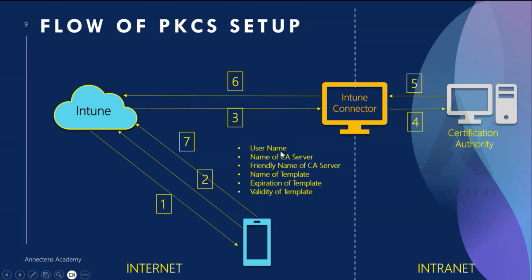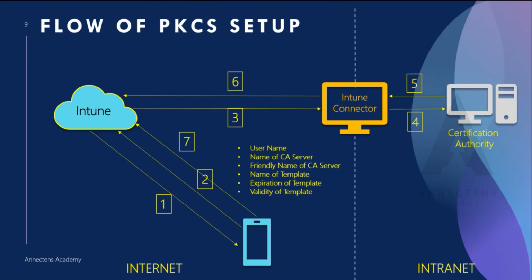These are the pieces of information on the device side which it requests for that certificate. First it checks the username, then the name of the CA server, the friendly name of the CA server, the name of the template, the expiration date of the template, and the validity of the template. This information is already embedded in the cert.